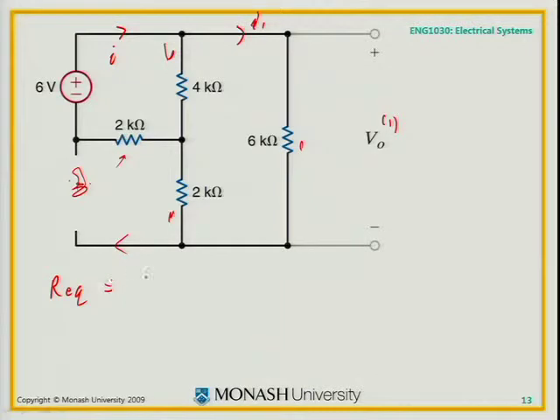What's the equivalent resistance? We said the 6K plus 2K is then in parallel with the 4 and in series with the 2. So if you add all that up, you get 4 and 2/3 k ohms.